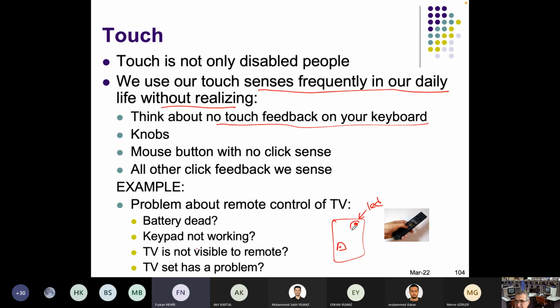But for the technical problems, whether the TV is working or the TV is not receiving the signal, some remote control designers put an LED here. And some other manufacturers put an LED on the TV, indicating that when you press the remote control, this one blinks, slightly chirps, so that you realize that your remote control is working.